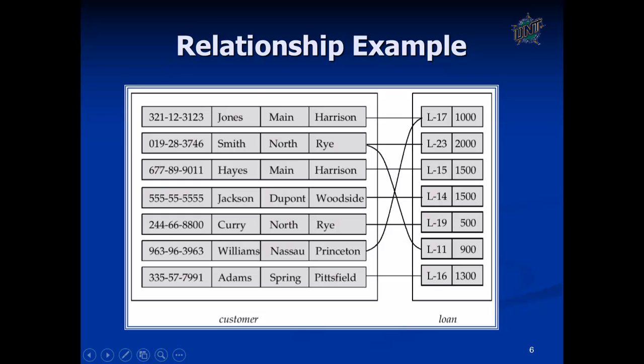For example, if we talk about the first record, it has a one-to-one relationship with the first record. Then the second has a one-to-many relationship. This is one to many, this is many to one.